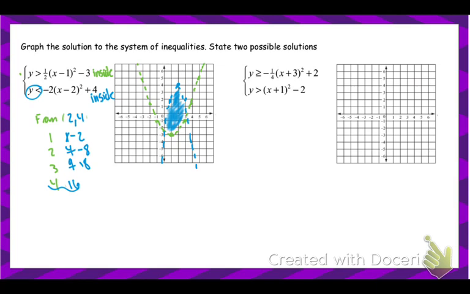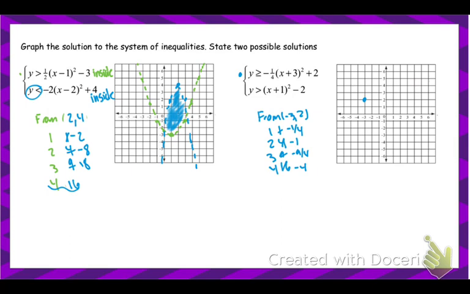All right, looking at the next one, we'll start with this first one. We'll graph that vertex, (-3, 2). It's been compressed by a factor of 1/4 and reflected. So from that vertex, so I'm just going to put a couple points on here.